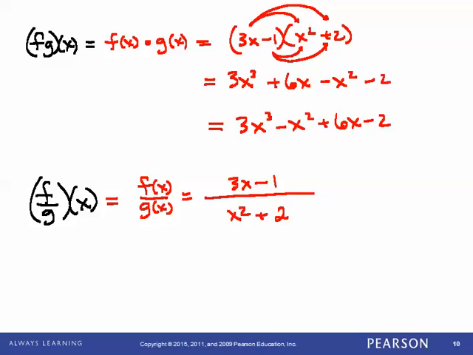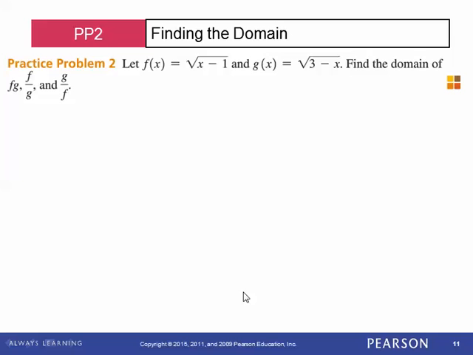Okay, so let's see what we got here. We got combining functions, add, subtract, multiply, divide. Now let's take a look at domain. What happens if you add, subtract, multiply, divide functions, but then you're more interested in which numbers work and which numbers don't? Let's take a look at those. So practice problem number 2.